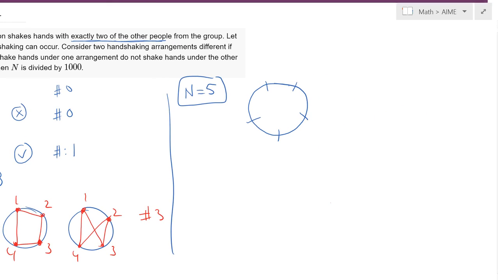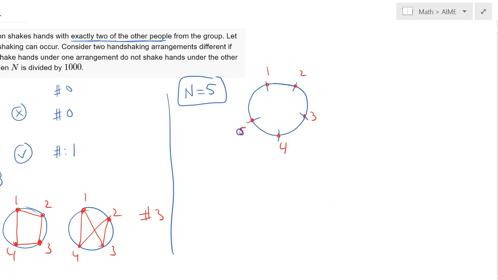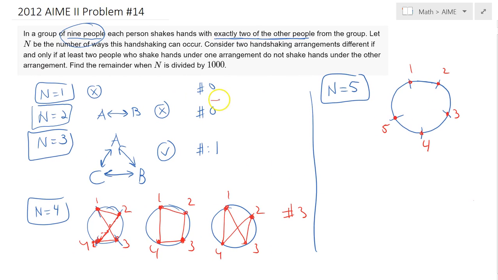We have the vertices representing different people here. 1, 2, 3, they cannot make a cycle because then 4 and 5 will be by themselves, and obviously when you have 2 people you cannot get anything going.